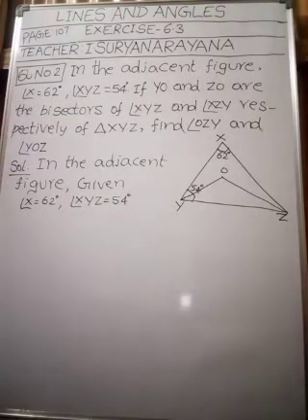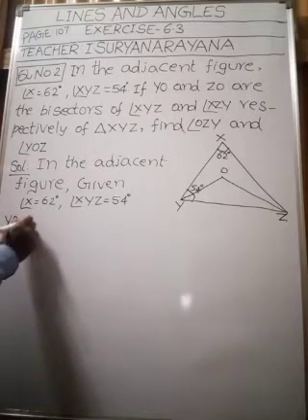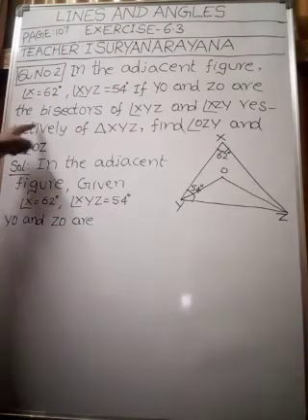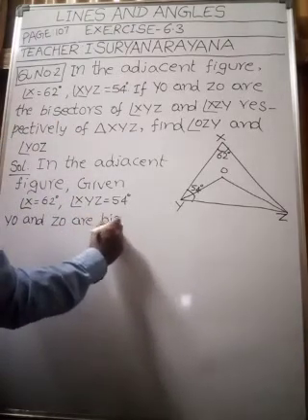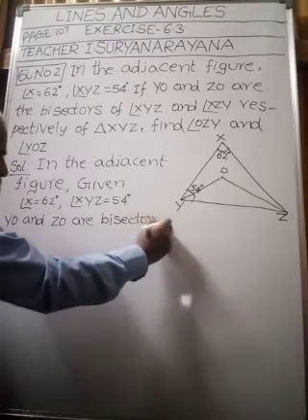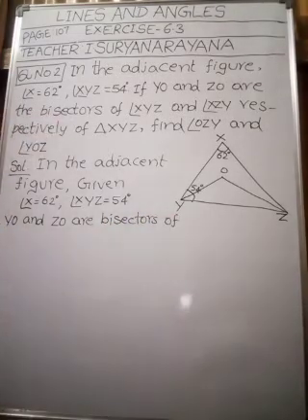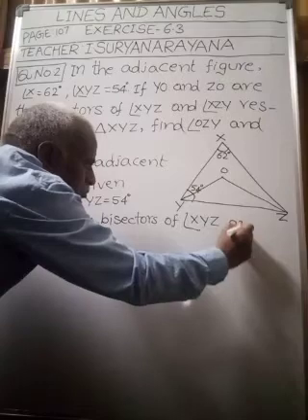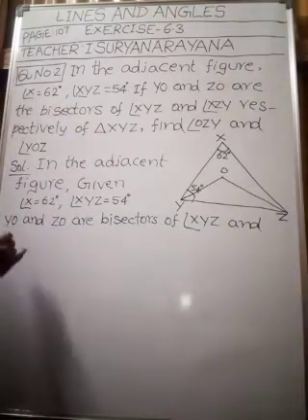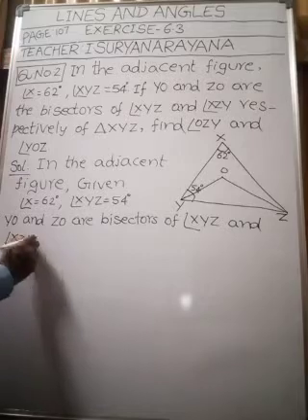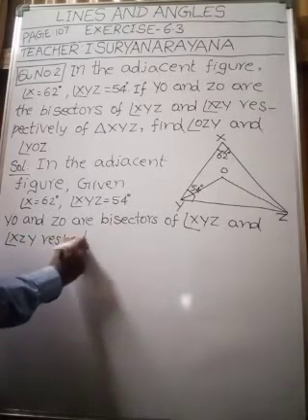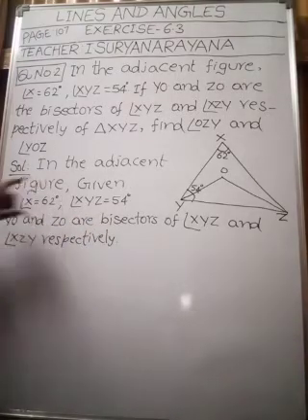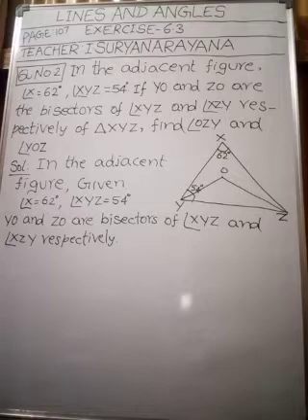YO and ZO are bisectors of angle XYZ and angle XZY respectively. This is the data given for us. Okay, my children, we wrote that given data here.